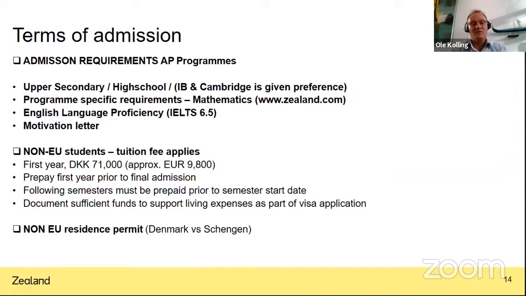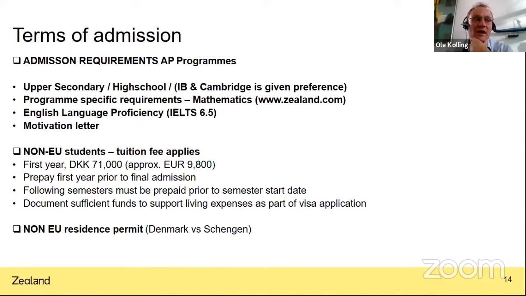You will receive what is called a non-EU residence permit for studying in Denmark, and that also includes a travel visa to Schengen countries. So you will be able to travel around in the Schengen countries without applying for any additional visa. And also when you have your residence permit for Denmark, it comes automatically also with a part-time work permit.